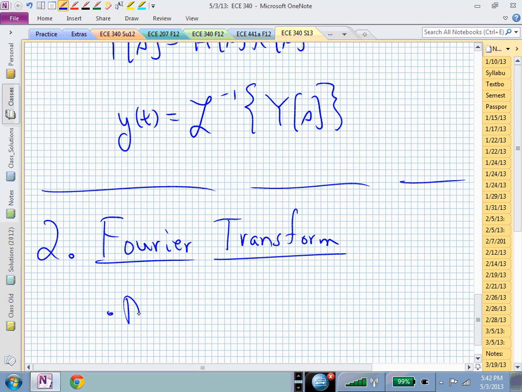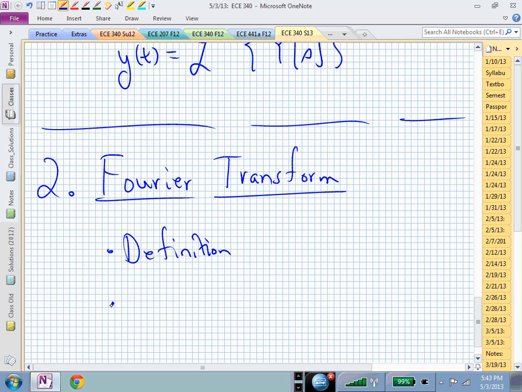But based on the Fourier transform, you need to be able to understand the definition and apply that to find either the Fourier transform of a signal or the inverse Fourier transform of a frequency response. You could do that by understanding the pairs, and that's table 1 in chapter 7, which is on page 702.